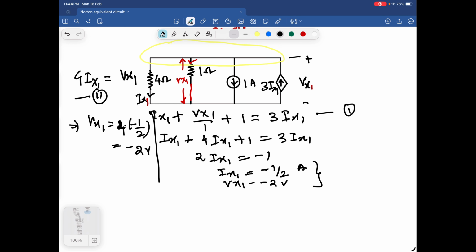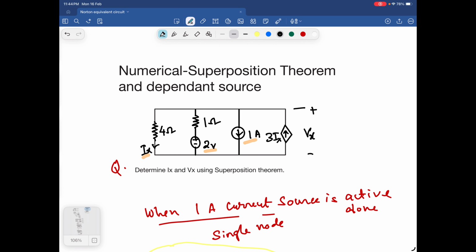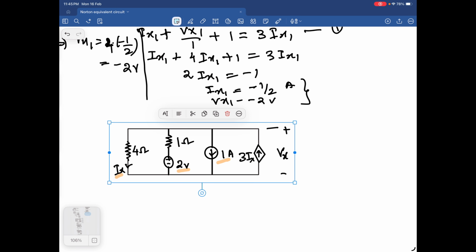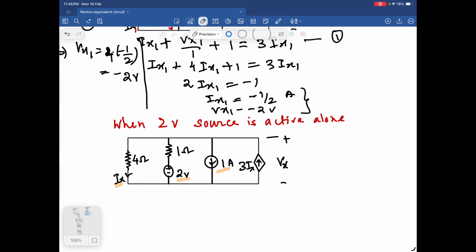Now the 2 volt source is active alone. So what to do?